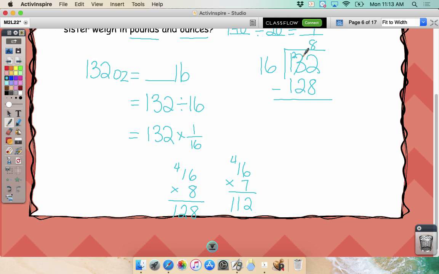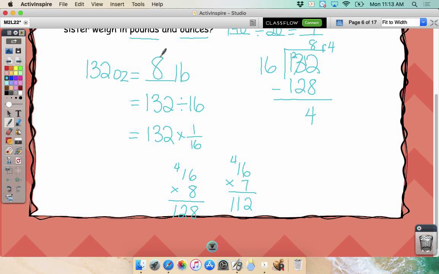Did you notice that? So 12 minus 8 is? 4. So we've got 8 remainder 4. And we're not going to check it. Why'd I write 8? Because I'm talking and writing and thinking. Okay, so how many pounds do you think that is? It's 8 pounds, okay?